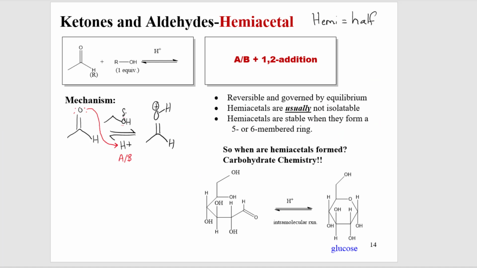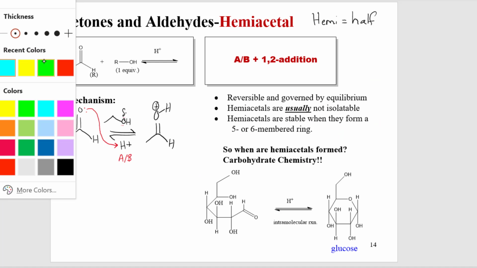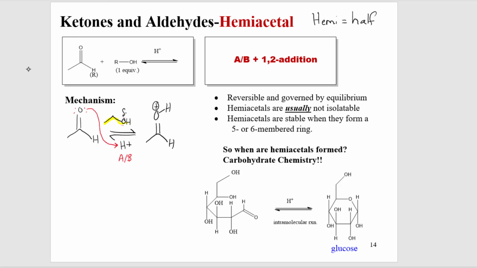I'm now using an alcohol. Not water, an alcohol. This is going to make all the difference. If I had one equivalent of this alcohol, I can only do this once. The weak nucleophile goes in and up. Here's my in-up.